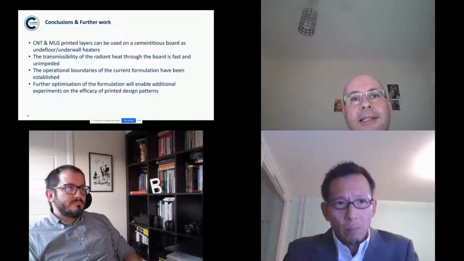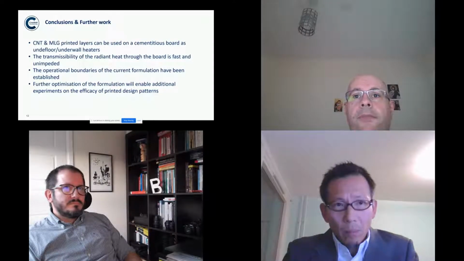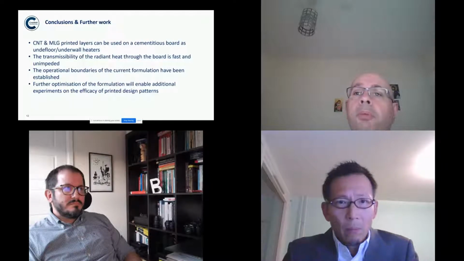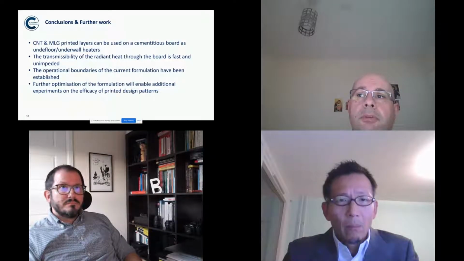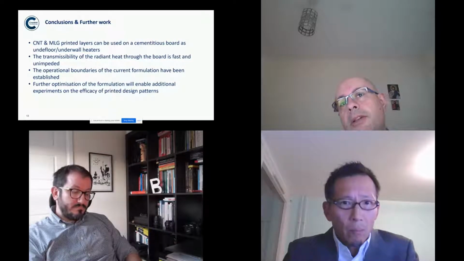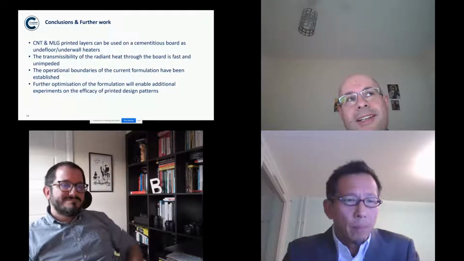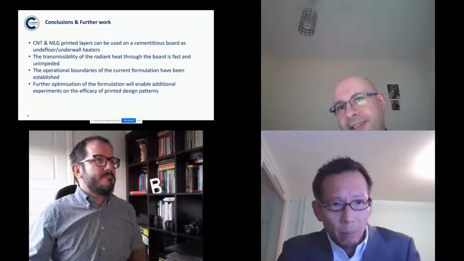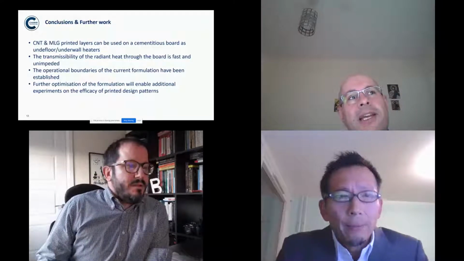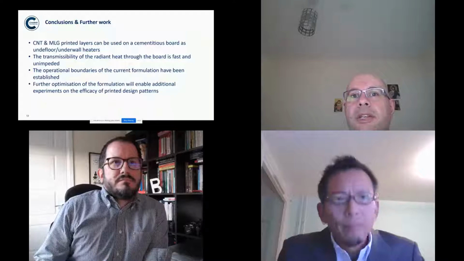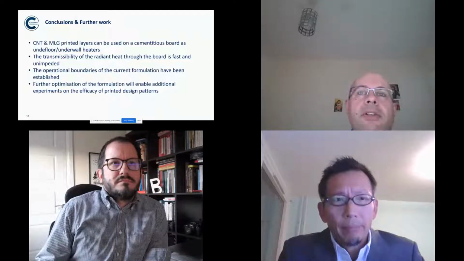But there is a possibility to consider the print layer itself acting as a non-permeable moisture membrane. This is something we would like to test further as we improve the formulation on its degradation, let's say. So we would like to see how that could be achieved and achieve also that functionality.